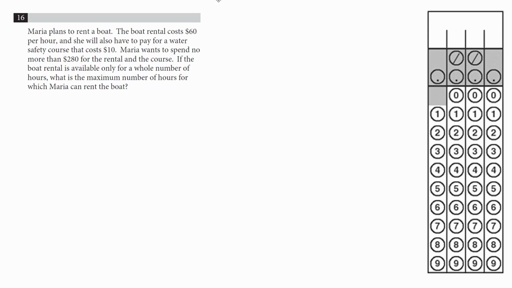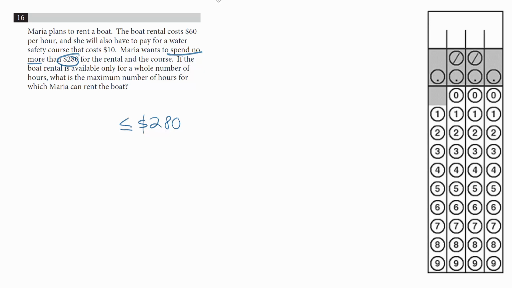So this is going to require us to write an equation and then solve for the total time. So we know that the total cost is 280, and she can spend no more than. So if 280 is the final price, she can spend less than or equal to that amount.